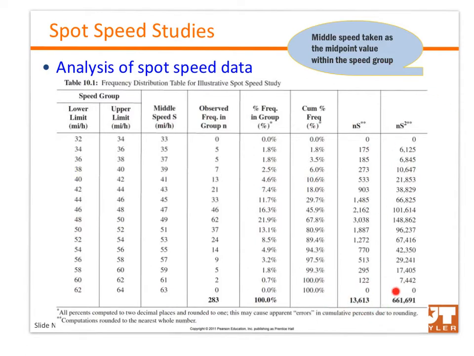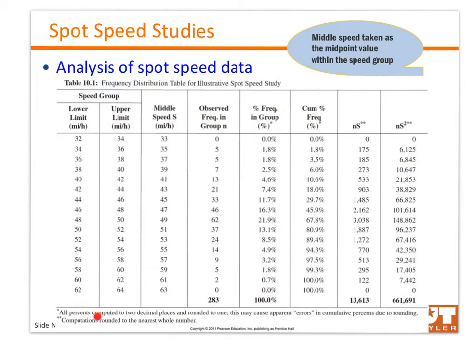Same thing also for the last column here, now we're going to do n s squared. So it's going to be the observations times the speed squared. As you can see here, there are some notations for the percent frequency in group.